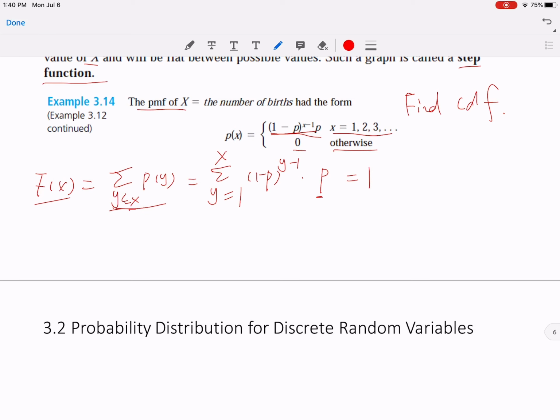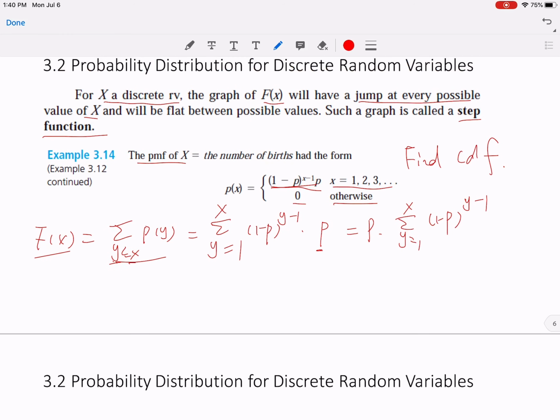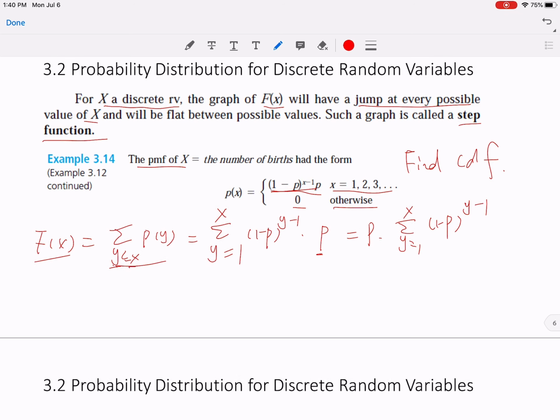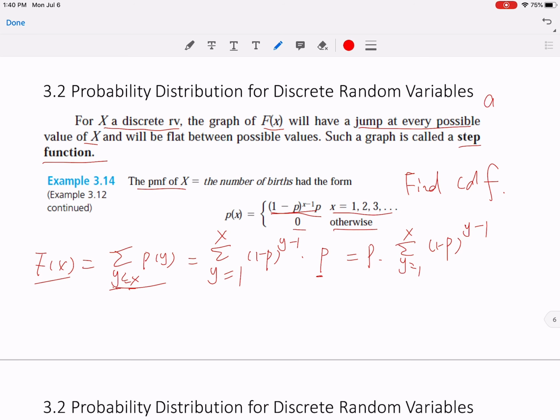That would be equal to p times the sum of y equals 1 through x of (1 minus p) to the power of y minus 1. And then we know the sum of a geometric series is equal to a1 times 1 minus q to the power of n, divided by 1 minus q.